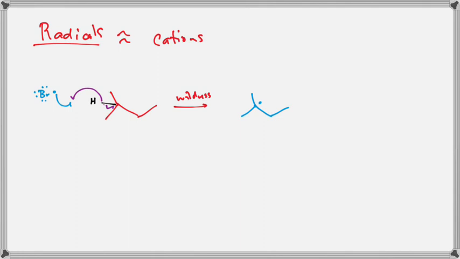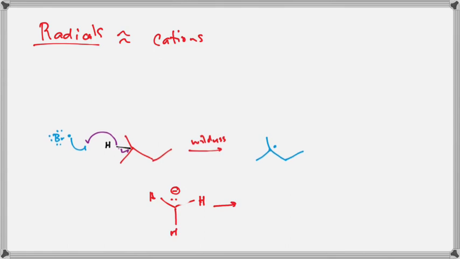Where did that bromine radical come from? You're right, I had to have made it somehow. We're talking about a bromine with just a single electron chilling on it.